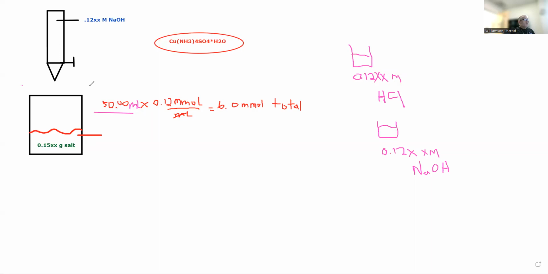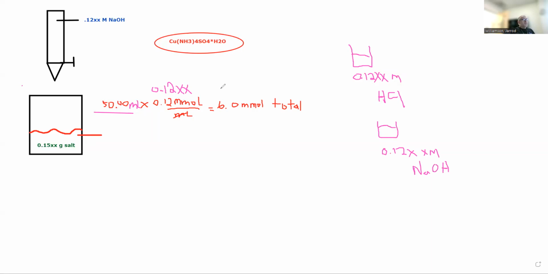We're going to add 50 mils of that, pipetted to 2 decimal places, to our salt. And when we do that, we're adding 0.12 XX millimoles per milliliter.